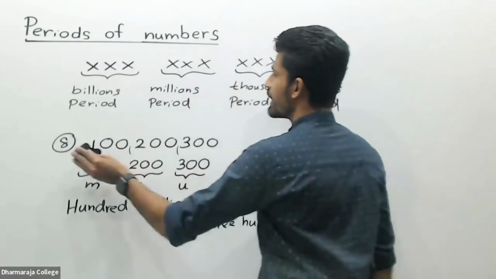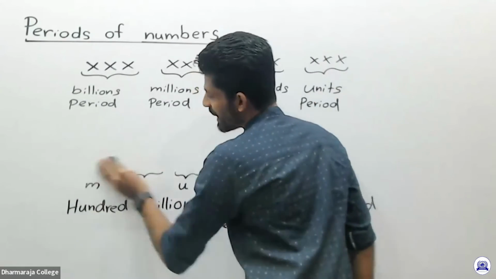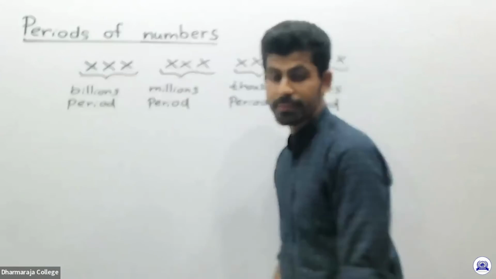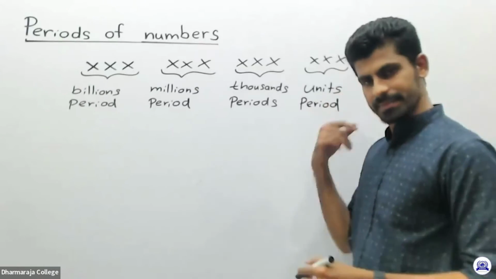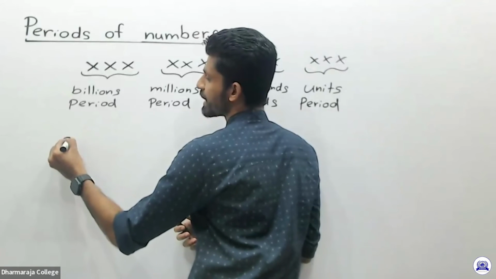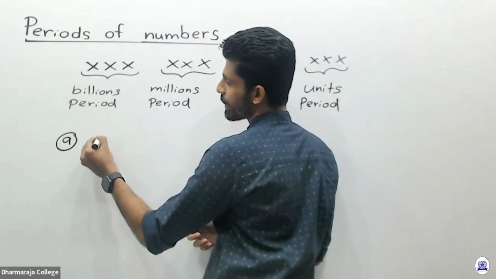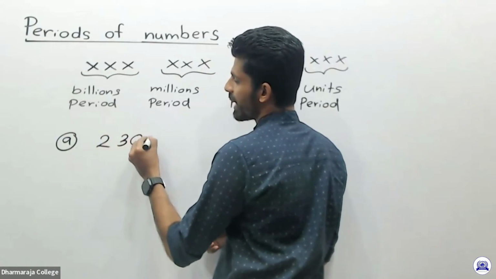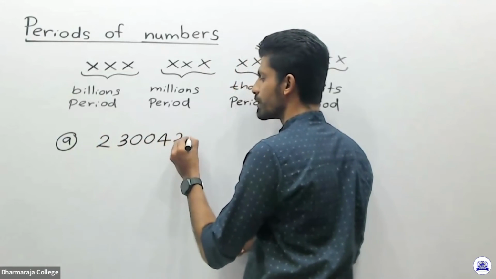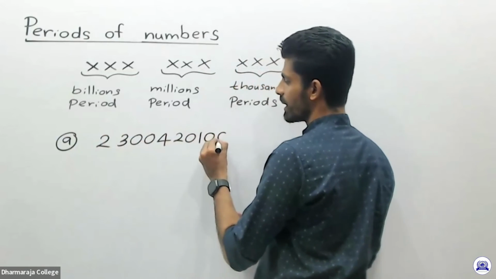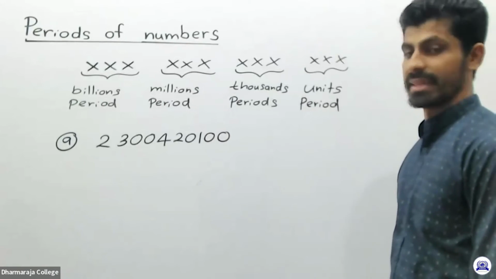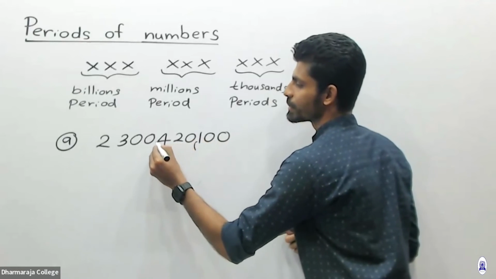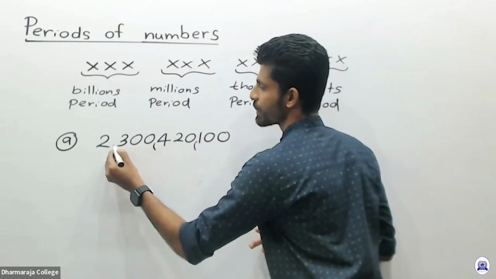Question number 9. I'm quickly moving to the billions period now. Let's try to answer for the billions period. 2, 300, 420, 100. 1, 2, 3, comma.